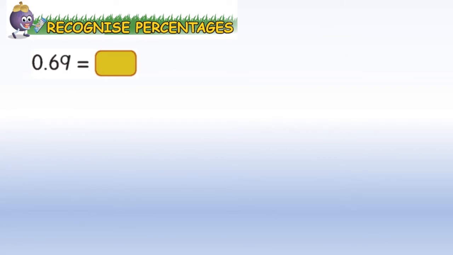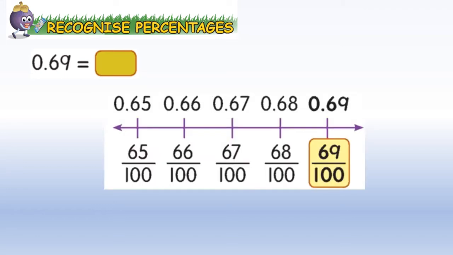This is 0.69. We want to change it to fractions and percentage. Now by using the number line, we start from 0.65. So 0.65 is 65 over 100. And then 0.66, it is 66 over 100 in fraction.